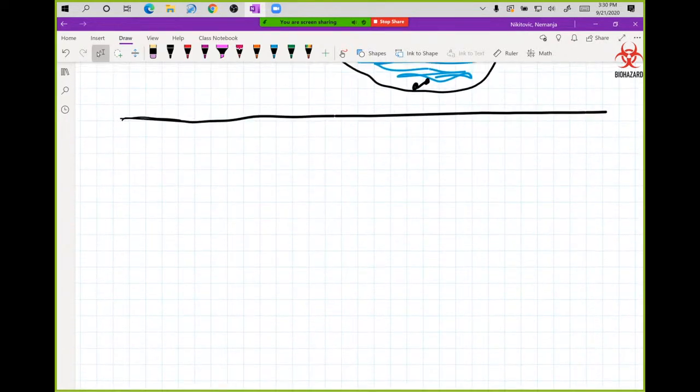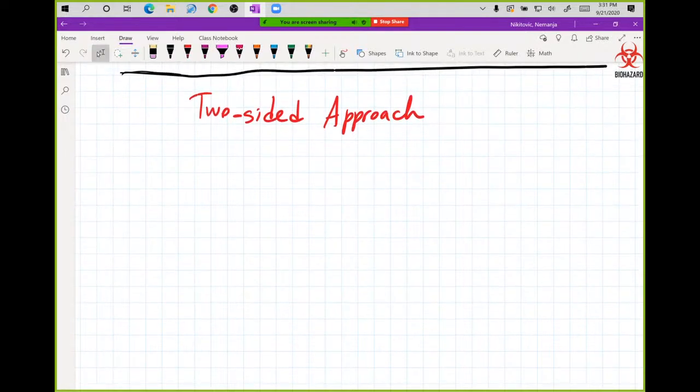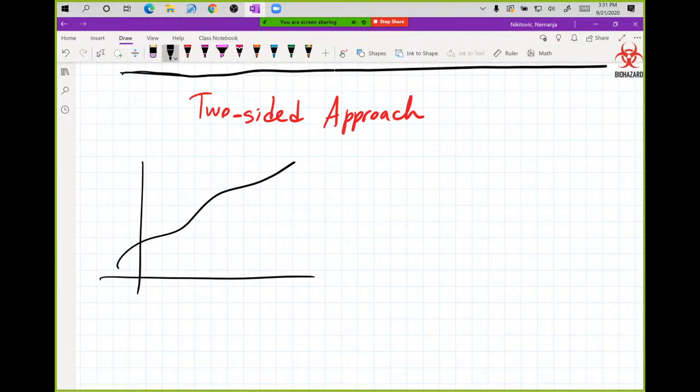You compute at all other points around it. So now we have this idea of the two-sided approach. Come on, line. There we go. So for the function, let's put any good old function there and pick a value right here, call that value a. This is the y-axis, this is the f of x function, this is the x-axis.